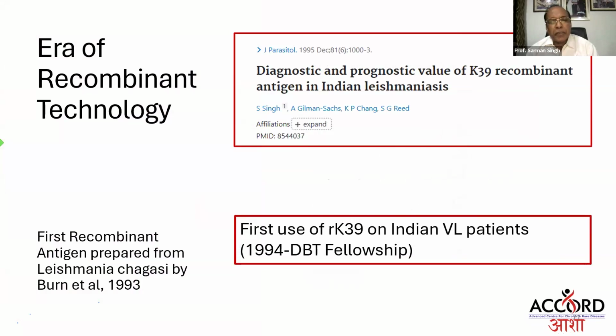I had met Dr. Steve Reed when I was in the USA. So in 1993, he was doing his PhD with S.G. Reed, and he did the recombinant DNA technology. He cloned and expressed proteins from Leishmania chagasi. And this was published in JMB.